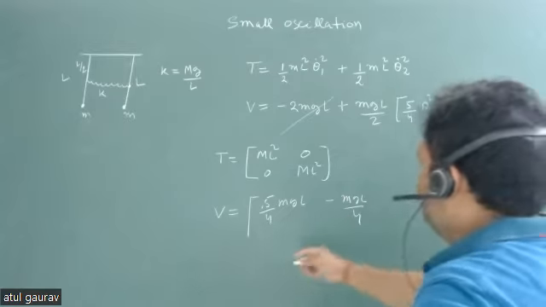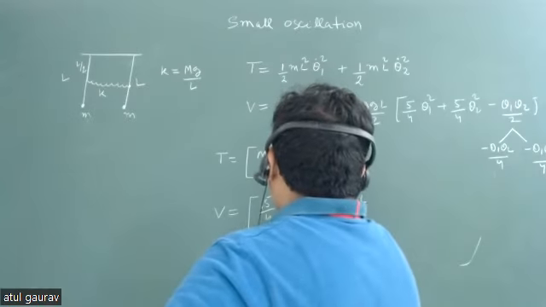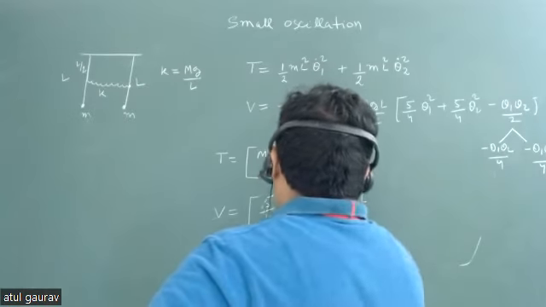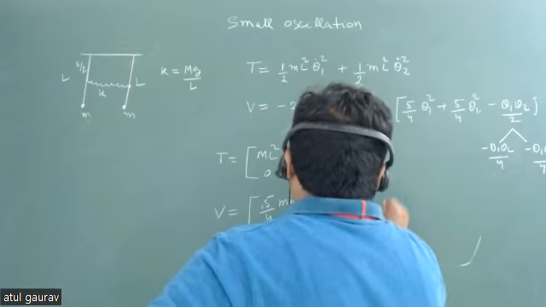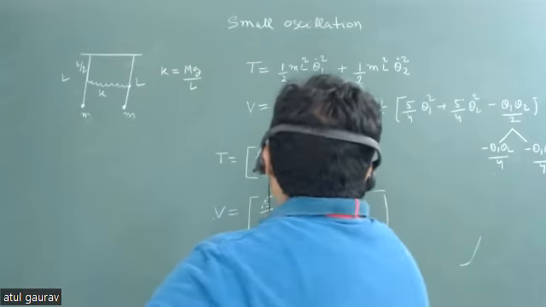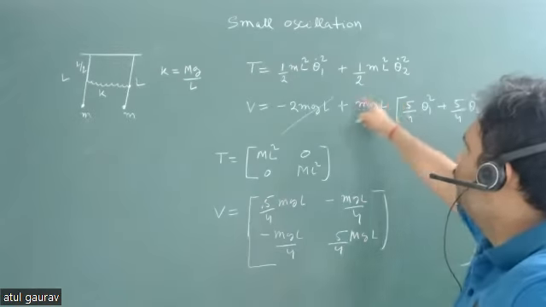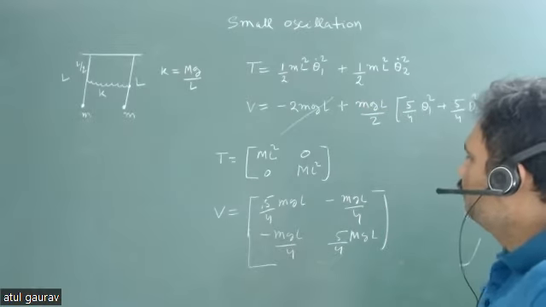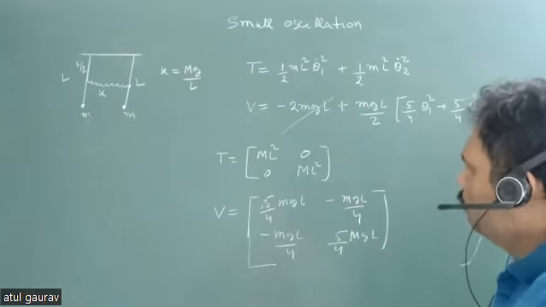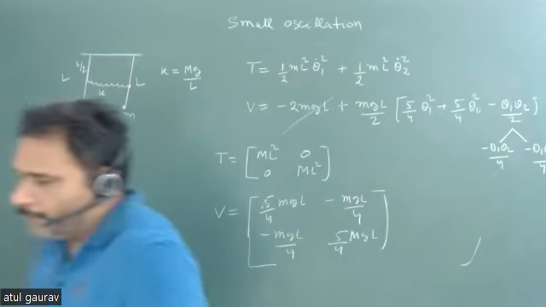So this will be symmetric, so this value is minus mgl/4 and here is 5/4 mgl. Okay, so I deliberately took half part there, and this is something like we can use for K. Okay, and now you can solve this particular thing and you will get the final answer.